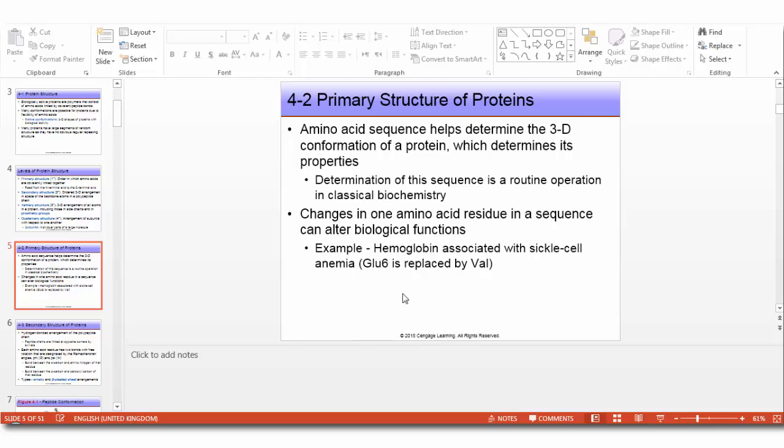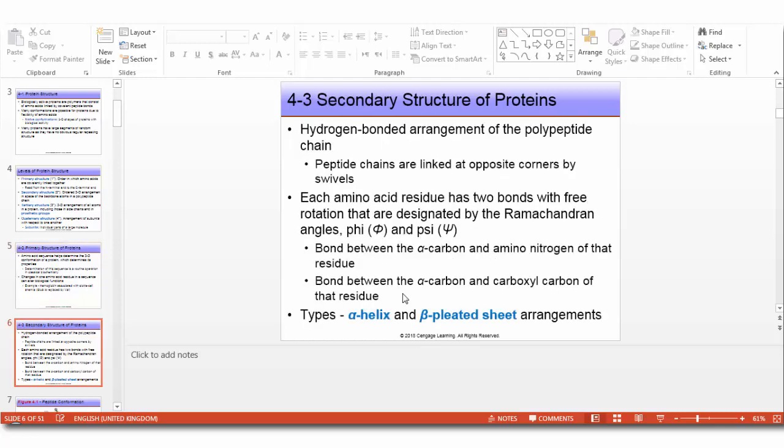So again, the primary structure of a protein determines the other levels of structure. And here we saw an example of a single amino acid substitution that gives rise to a malfunctioning protein, such as in the case of sickle cell anemia.